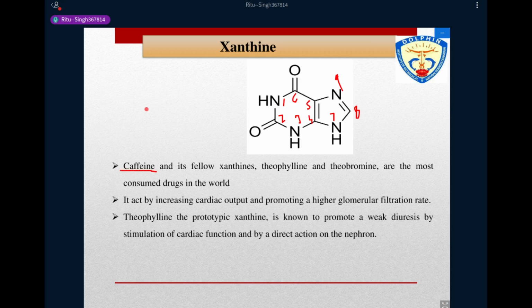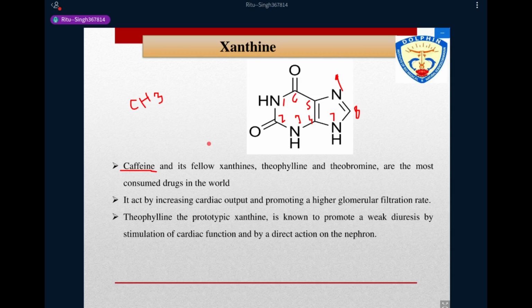we place a CH3 group at the 1 position, at the 3rd position, and at the 7th position. So we can write caffeine as 1, 3, 7 trimethylxanthine. Okay, it is clear.